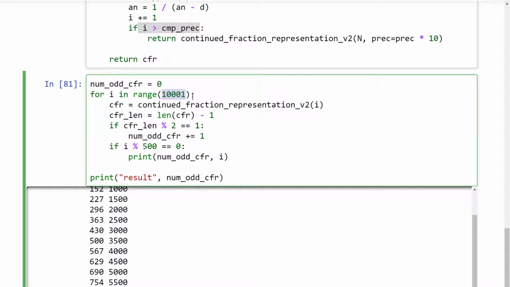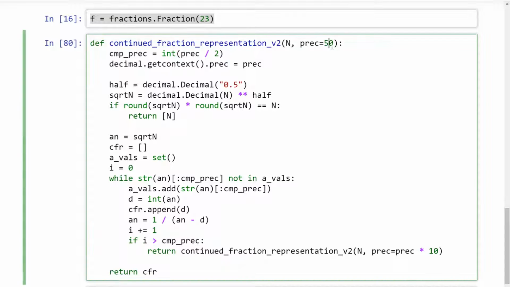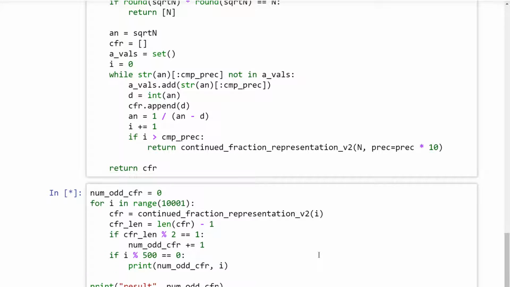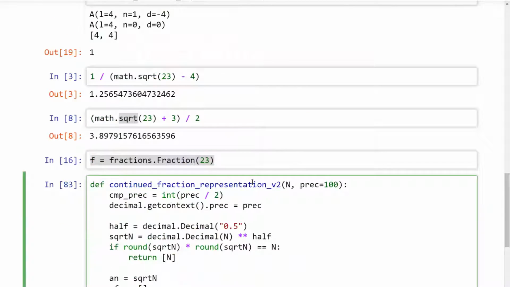Sanity check. Still fast enough. All right.